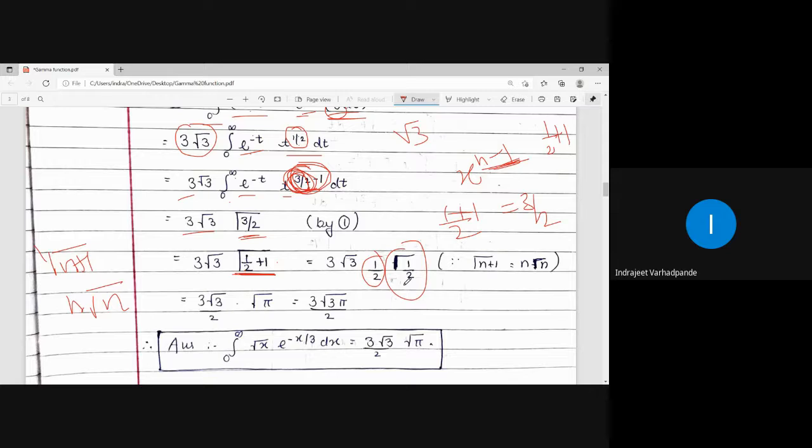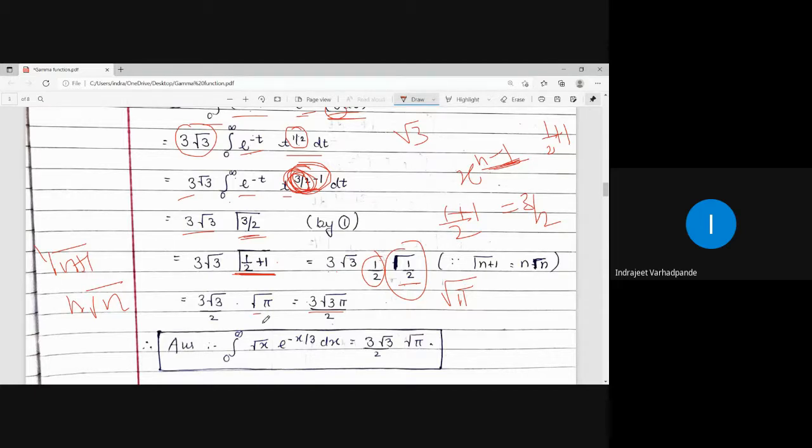And what was the result of gamma half? Root pi. So 3 root 3 into 1/2 into gamma half. What is gamma half? Gamma half is root pi. So 3 into under root of 3 pi upon 2 is the answer. Without actually performing the integration, I have tried to obtain the solution for the given improper definite integral with the help of definition of gamma function.